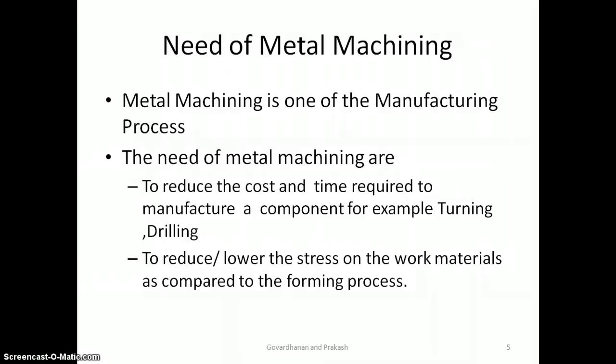Instead, if we go for metal machining, we have a component and we remove the unwanted material so that we can get the required diameter. We can make use of a drilling machine and drilling tool for producing a required hole, and also to lower the stress on the work material as compared to the forming process.